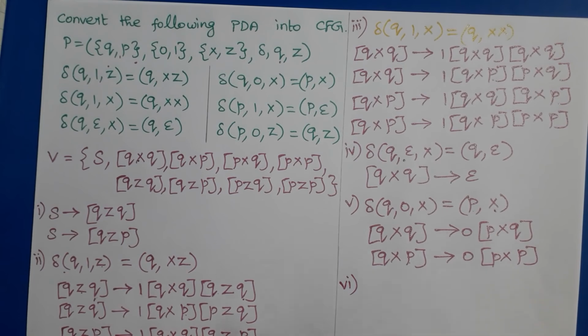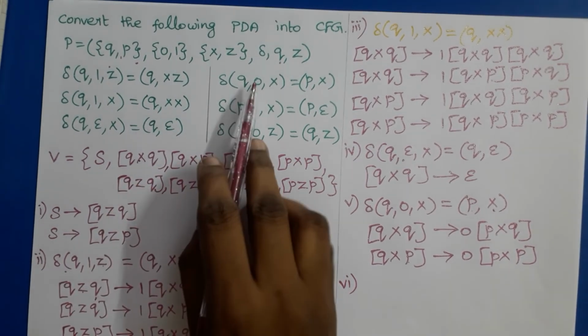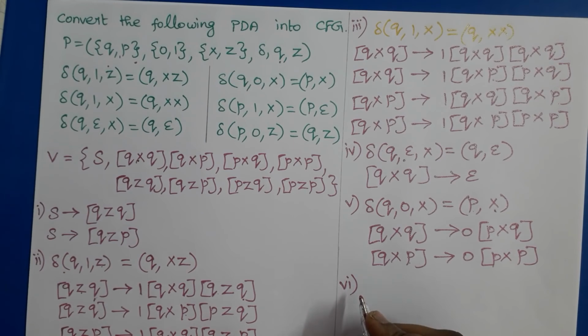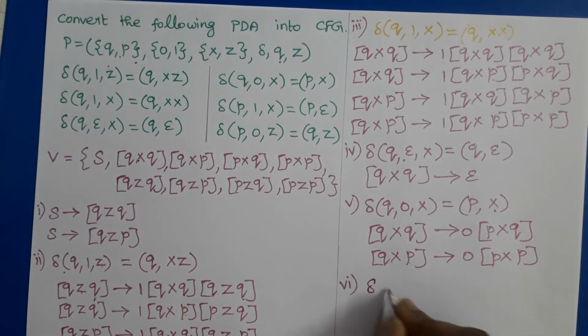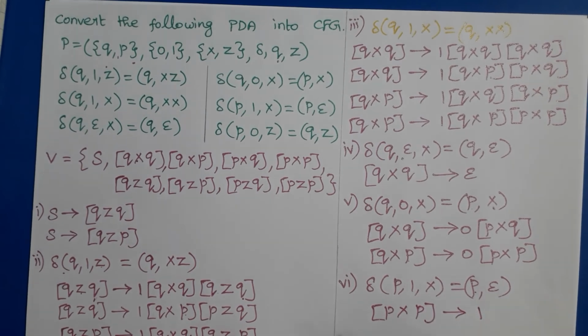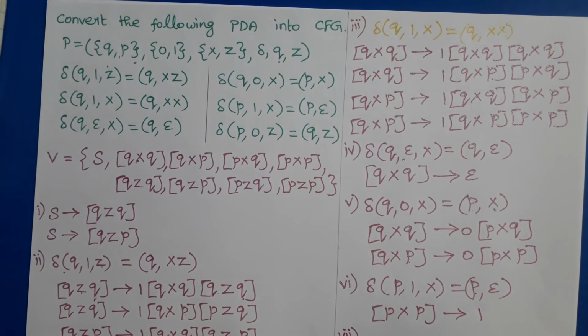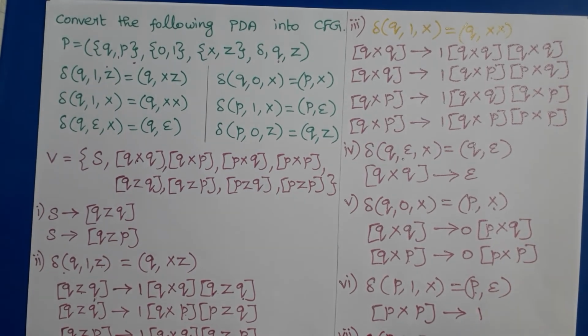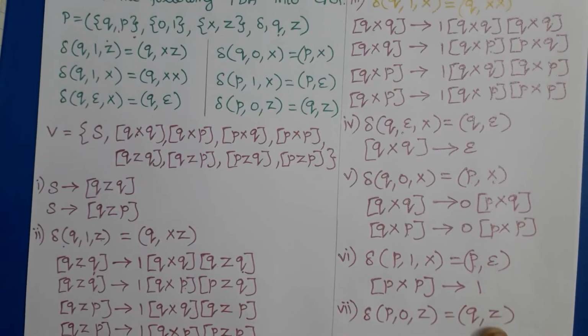Then the sixth rule, I need to write this. So del of P comma 1 comma X equal to P comma epsilon. So here epsilon is coming, but here the terminal symbol. But in this case also we will have only one rule. So PXP implies 1. Then the final function is del of P comma 0 comma Z equal to Q comma Z. So here also one non-terminal, no change operation.